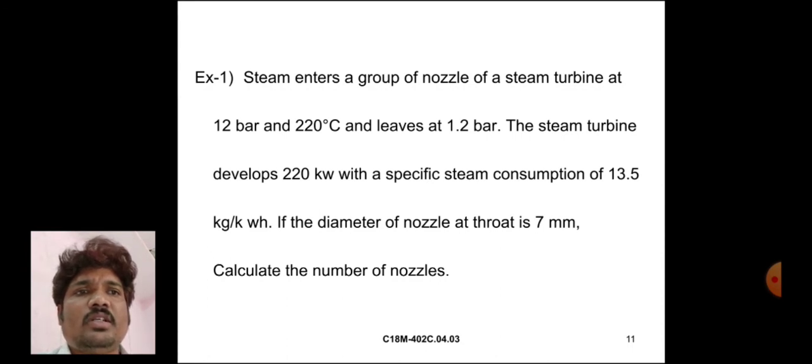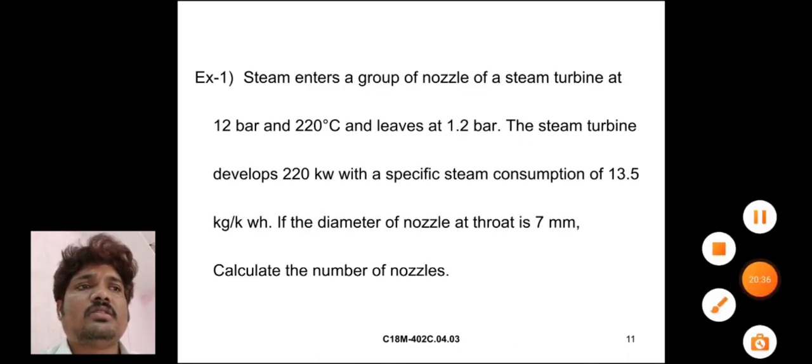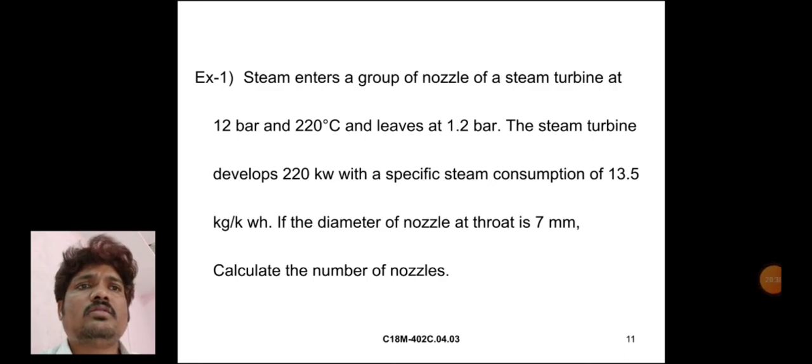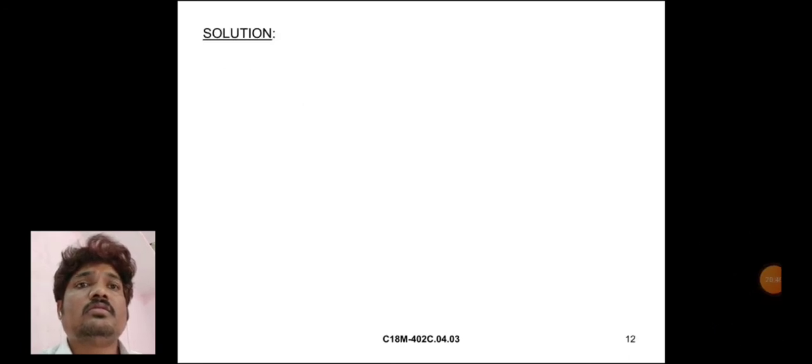If the diameter of the nozzle at the throat is 7 mm, calculate the number of nozzles. This problem we discuss now. Solution to the above problem.